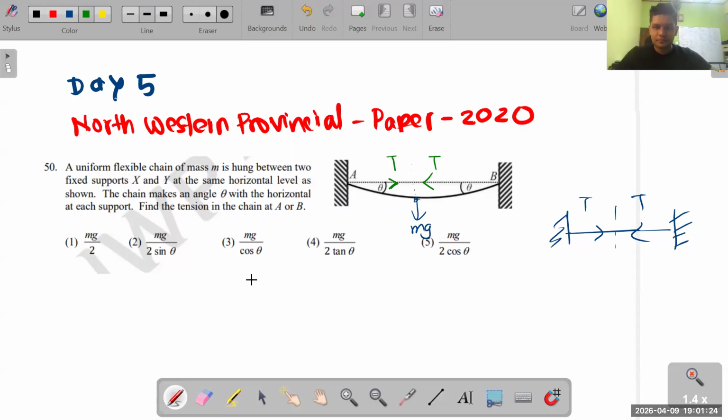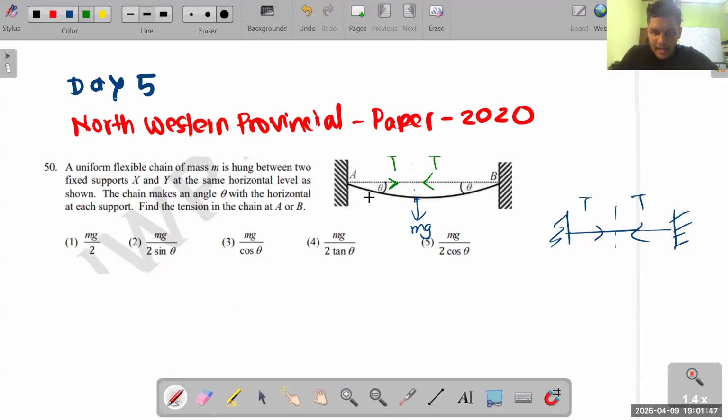As there's an angle created, we can apply the knowledge of components of forces. Let's see how we can apply it. Now, can you see T?